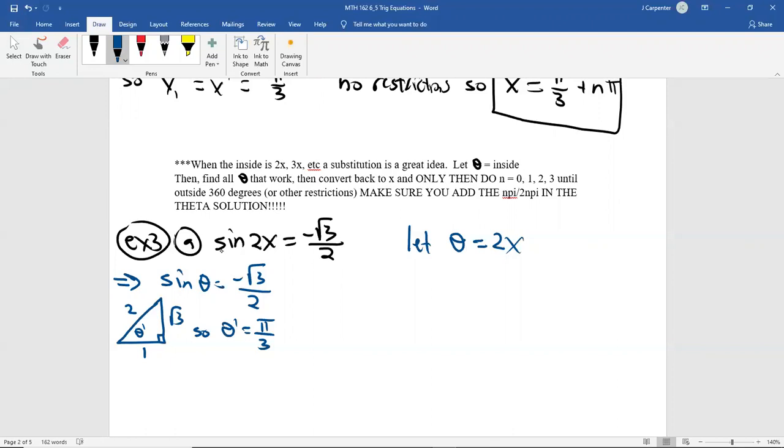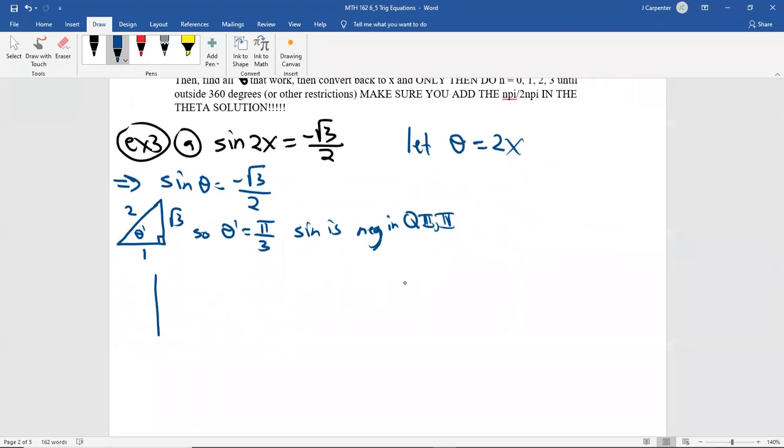So that's our reference angle, but sine is negative here. Sine is positive in quadrant 1 and positive in quadrant 2, which means it's negative in quadrants 3 and 4. So we need to put our reference angles in quadrant 3 and 4.